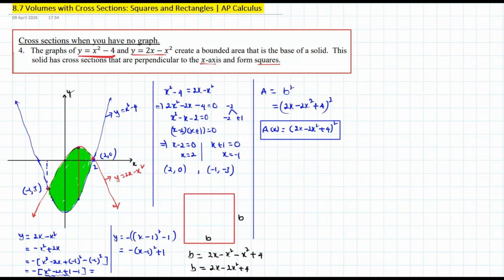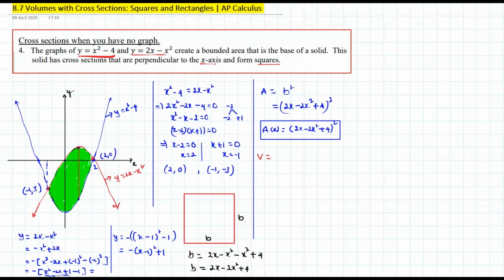Now let's set up the integral for the volume. The volume V equals the accumulation of all the cross sections perpendicular to the x-axis, from this x value, negative 1, to this x value, 2.